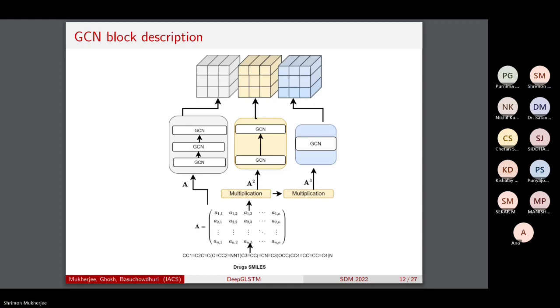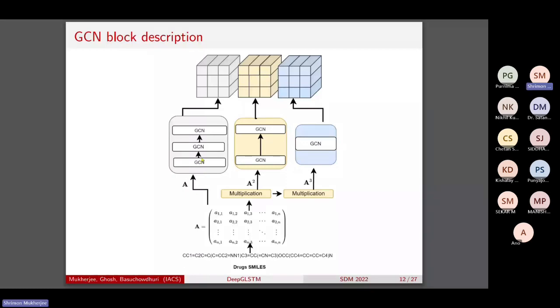And here, if we apply A on top of this first layer of the GCN, then it will compute A square, which is also the power representation of A. A square also captures the 2 hop neighbor information if we do not use the GCN layer on A. So the first block of the first layer of the GCN will simulate A square.